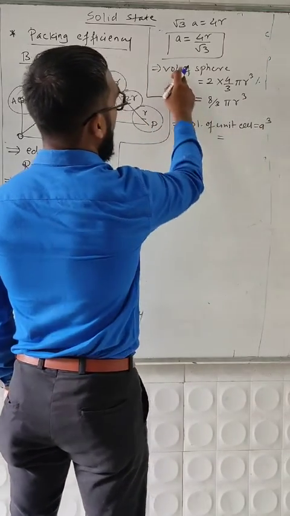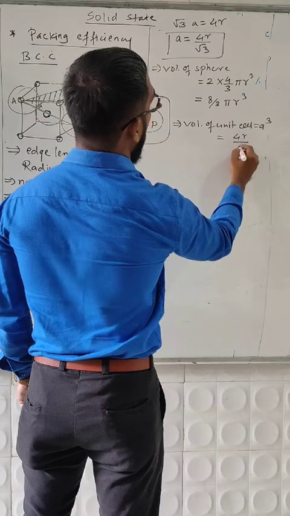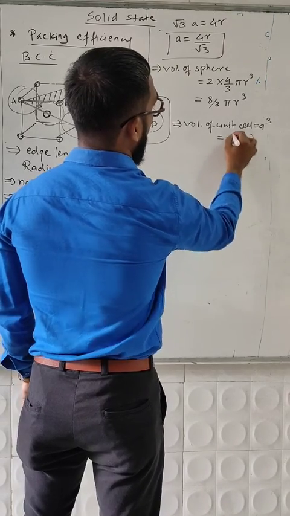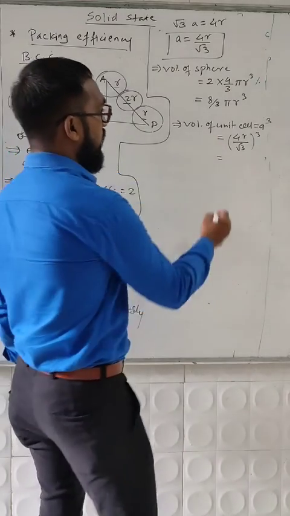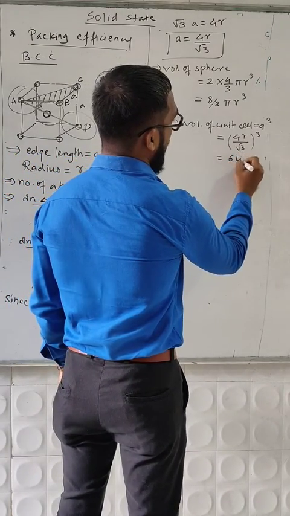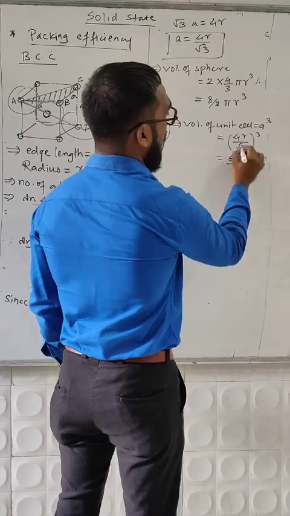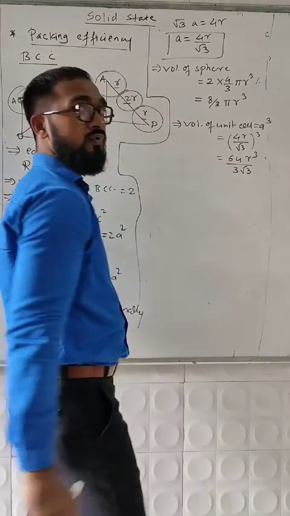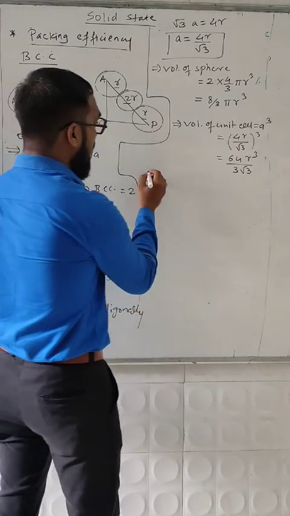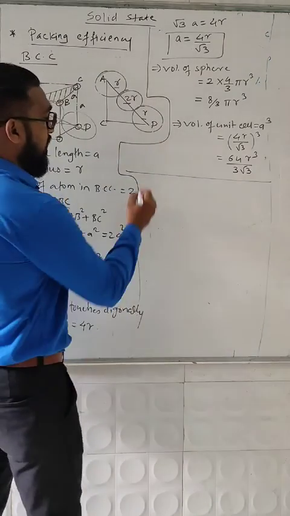What is the value of a? That is 4r upon root 3, so cube gives 64 r cube upon cube of root 3, which is 3 root 3.